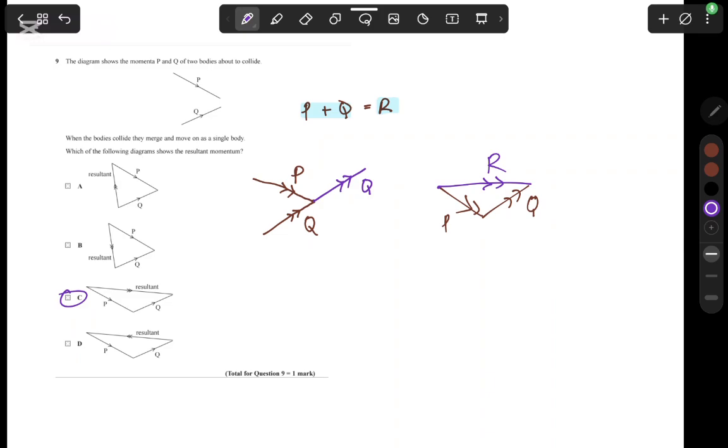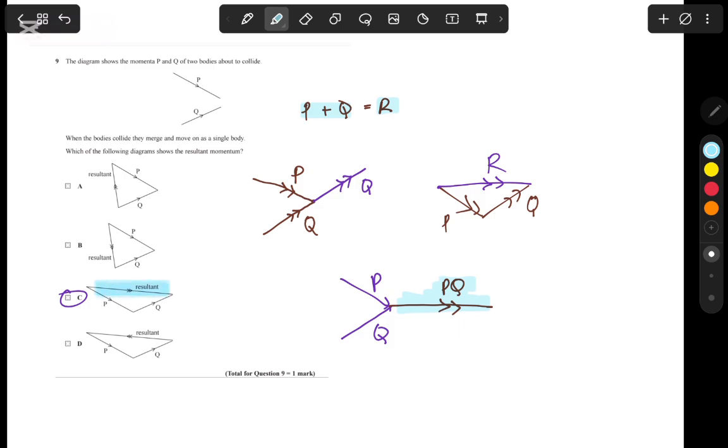Let me point one more thing out here. So this is the resultant momentum of P and Q. Now when P and Q collide with each other, they're going to move together as a single body. And when they move together as a single body, they're going to move in this direction. So basically, when P and Q join together, the momentum of P and Q will be the same as the resultant momentum that we had initially.